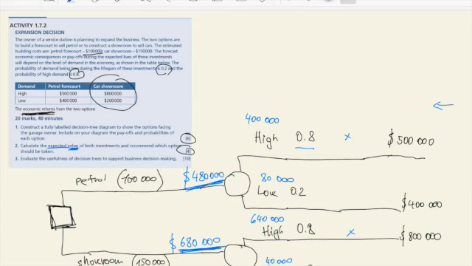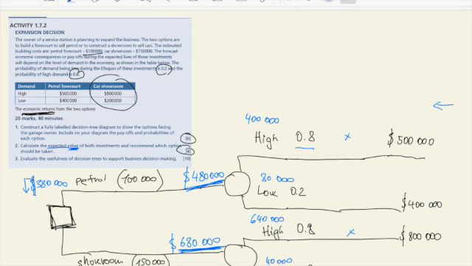Now, we could go even further to calculate the net return of the two options. For that, we need to just deduct the costs of the projects from the expected value. So in the case of the petrol station, it's going to be $480,000 minus $100,000. That's $380,000.